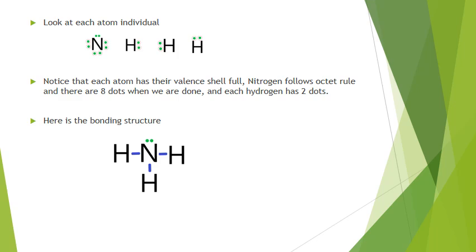So what you're going to do when you do this, first of all, you get a formula. You draw the Lewis dot structures, count the dots, fill the holes, and then you count the dots, and the dots should equal the dots that you started out with.